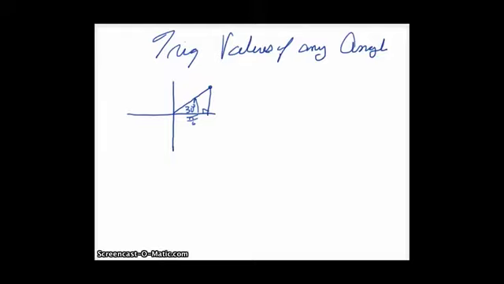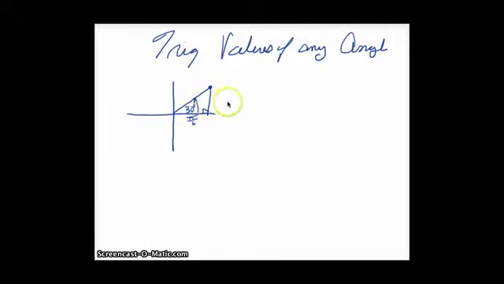Okay guys, what we're going to do here is talk about trig values of any angle. And we're going to start with a very simple problem. Could you please tell me all the 3 major trig ratio values of 30 degrees?